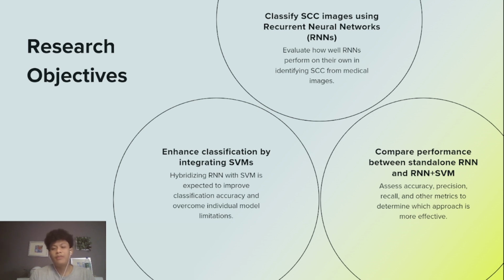The last one is to compare performance between standalone RNN and RNN plus SVM, to know which one is better. We assess accuracy, precision, recall, and other metrics to determine which approach is more effective. Basically, this is our main objective, to make sure that our research can run smoothly.